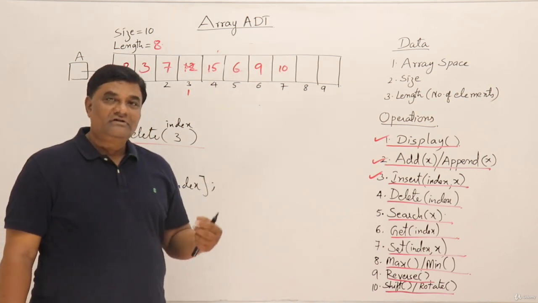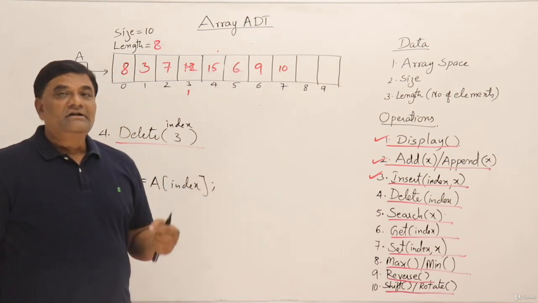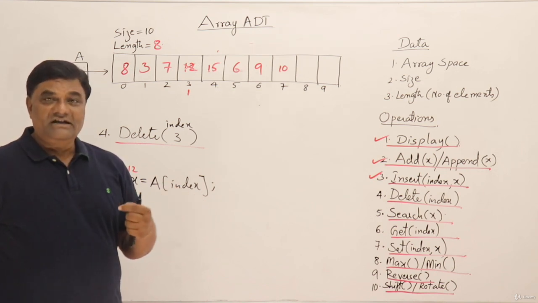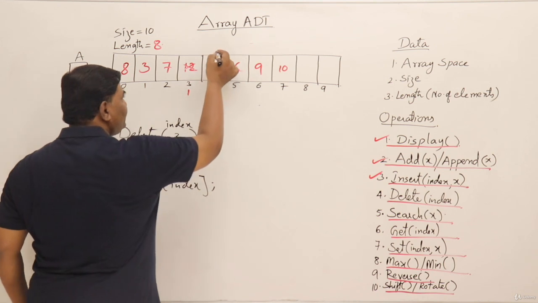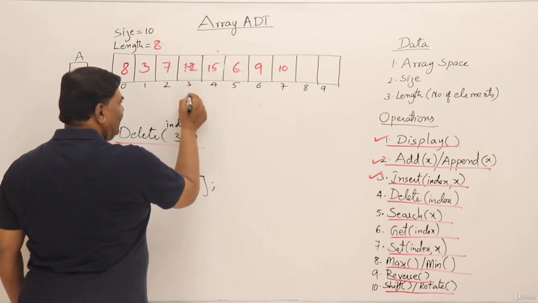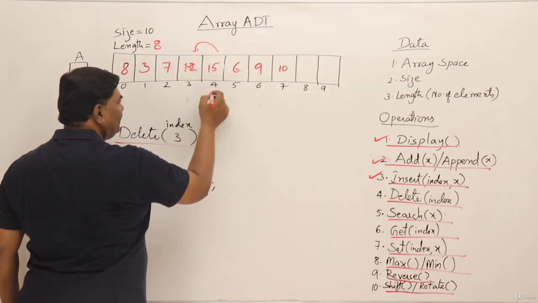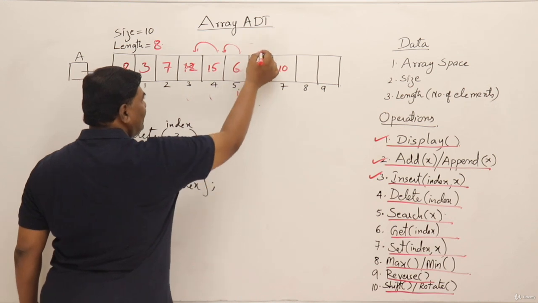So instead of keeping that space blank, we will shift all the elements. Whenever we delete an element from an array, we have to shift the elements to occupy that blank space. So what I have to do is shift the elements from here. Let us take I, which will shift the element, then move I and shift the element, then move I and shift the element.